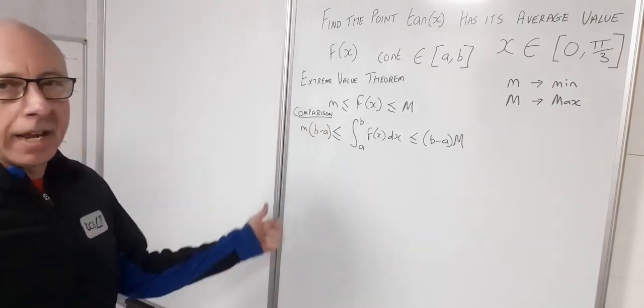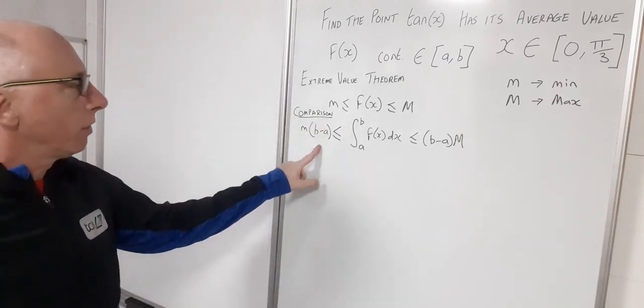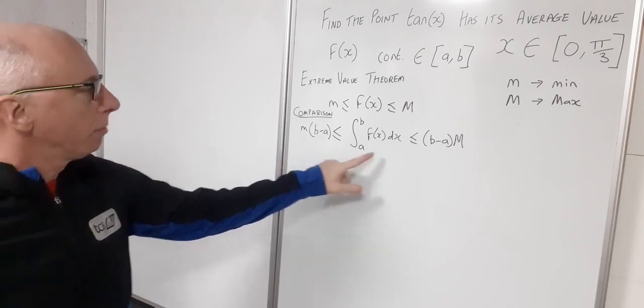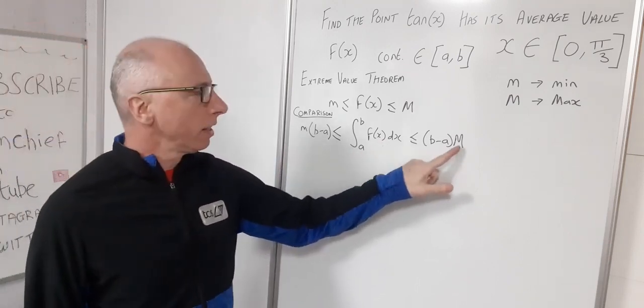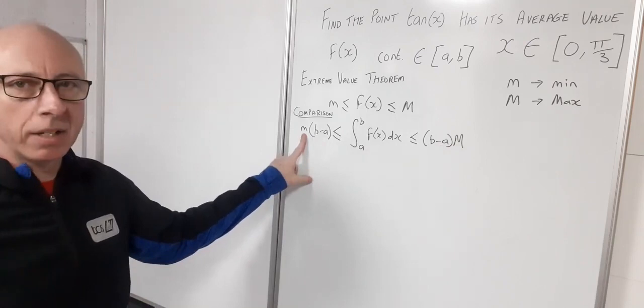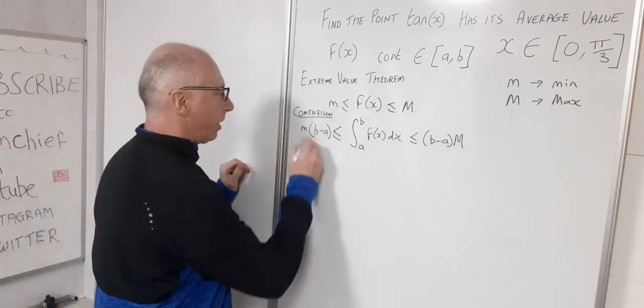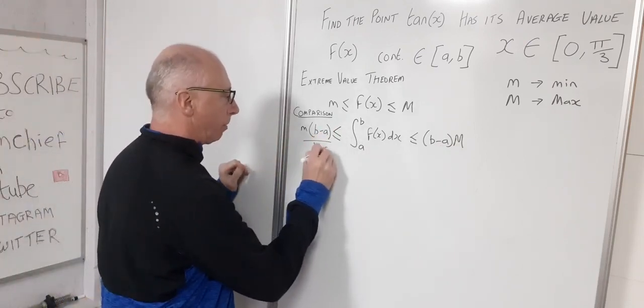Okay, now what we can do is divide all terms by b minus a to get these extreme values on their own. So now let's divide all this by b minus a.